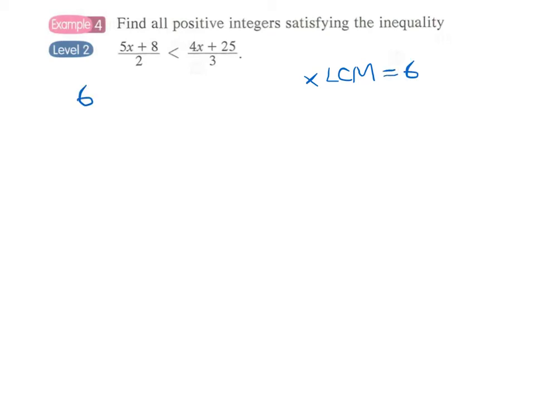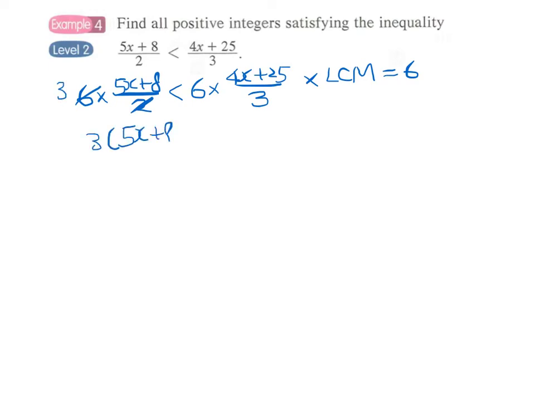Therefore, we have 6 times this one on the left-hand side, less than 6 times this fraction on the right-hand side. So this will be 3 times (5x plus 8) less than 2 times (4x plus 25).